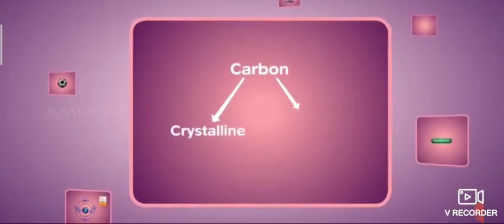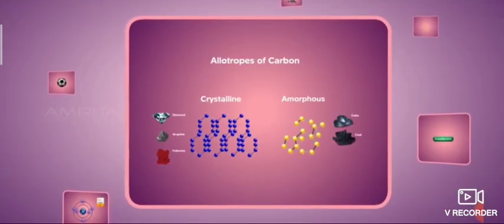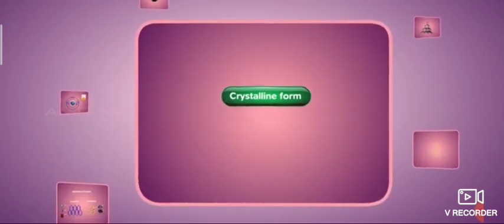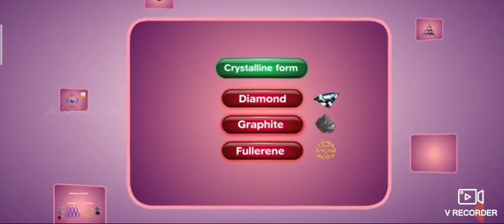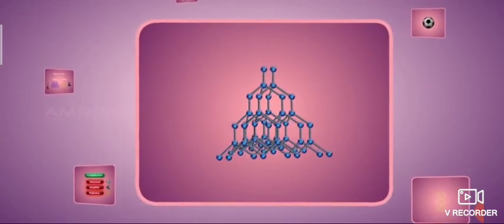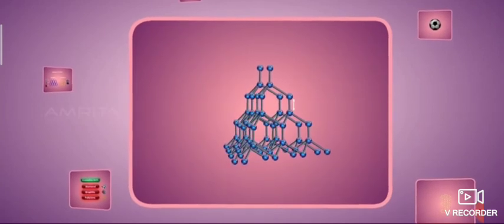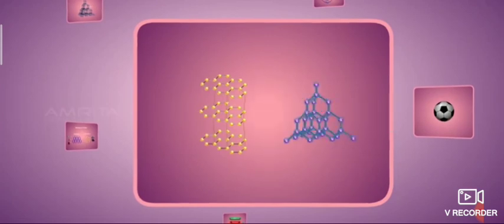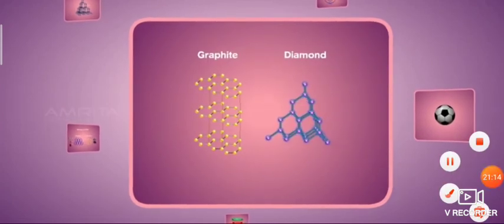All these properties make it very special. So, crystalline form and amorphous form of carbon. Crystalline forms are diamond, graphite and fullerene. Amorphous forms are coal and coke. This is the diamond structure. Next one is the structure of graphite. You can write the difference.